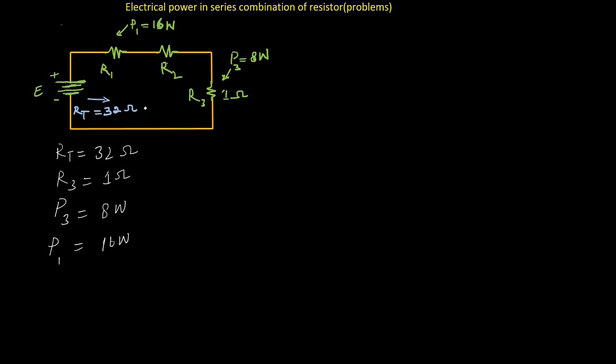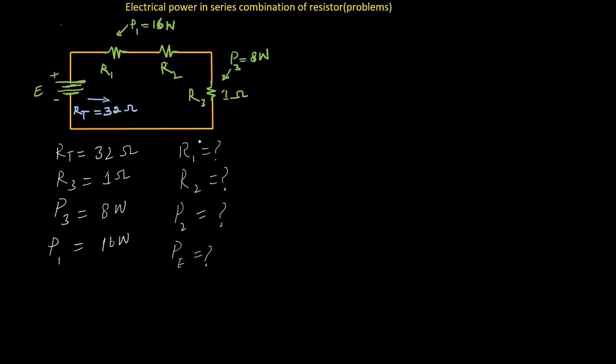The data we are required to find is the resistance R1 of the first component, the resistance R2 of the second component, the power absorbed by the second component, P2, and the power delivered by this DC voltage source, PE. These four terms we are going to find for this network.